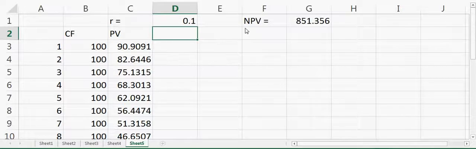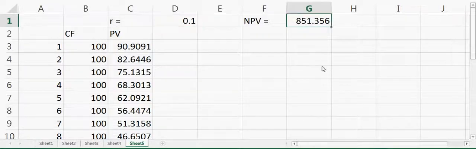Suppose now that we want to give money to someone, and he wants to pay you back in installments. How much installment should you charge him? Suppose the interest rate is 0.1, which is 10%, and somebody borrows money from you.